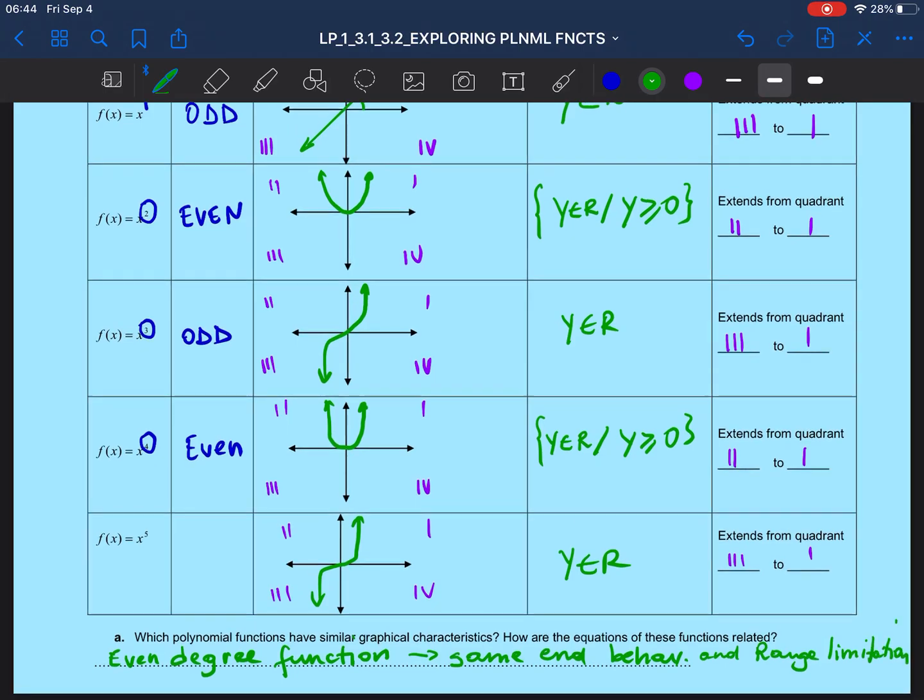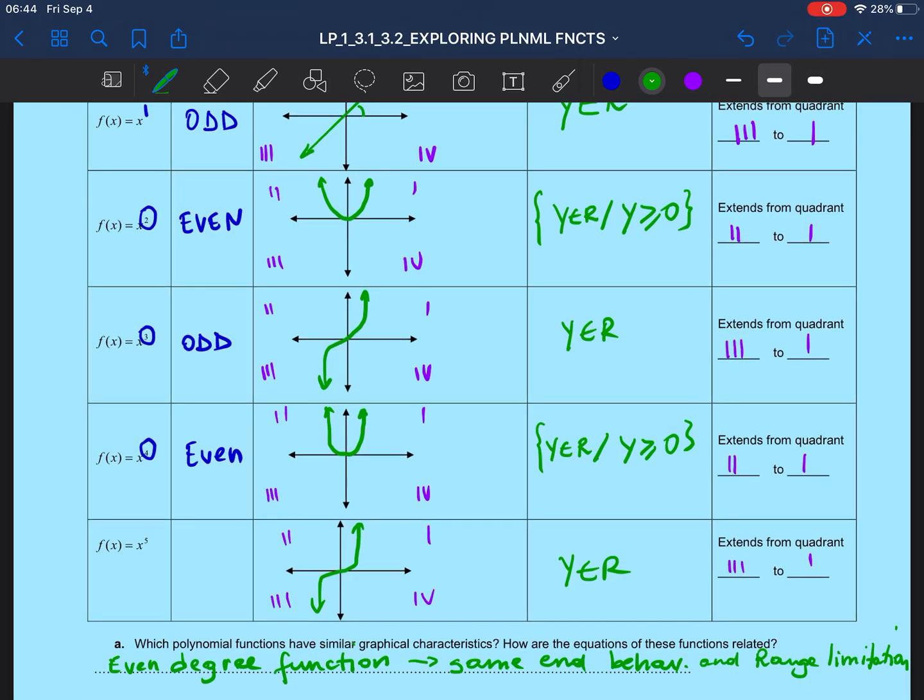Sorry, no, the domain is any real number for both even and odd degree. So the same thing can be said about the odd degree functions. They have similar and same end behaviors and same range. So for the range, we're going to say that it is any real number.